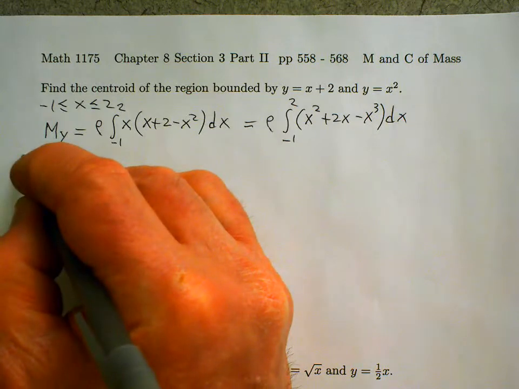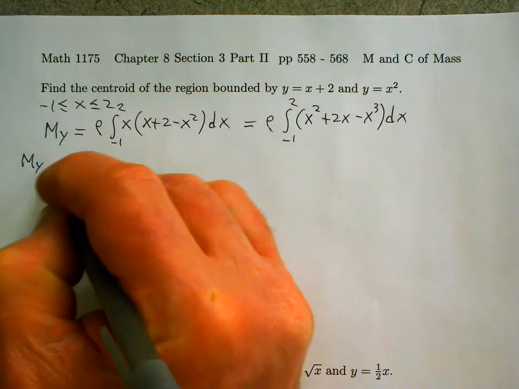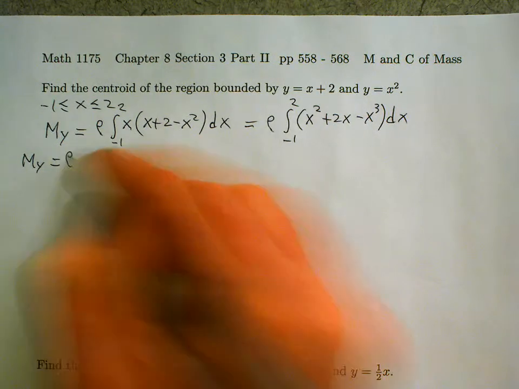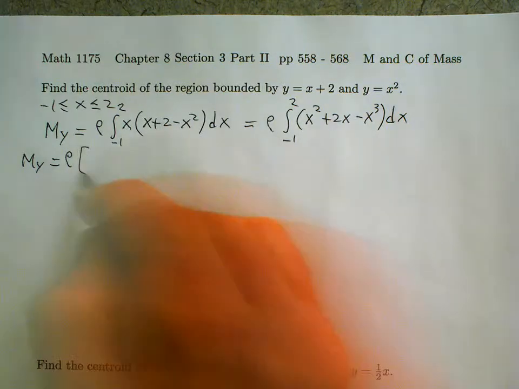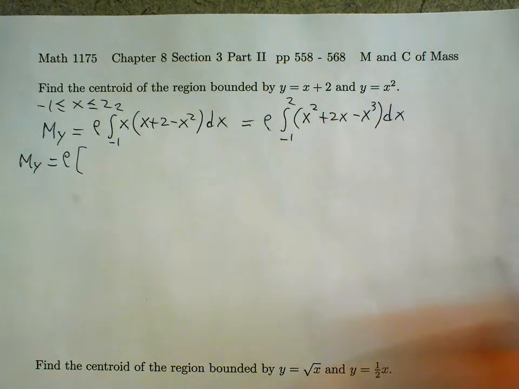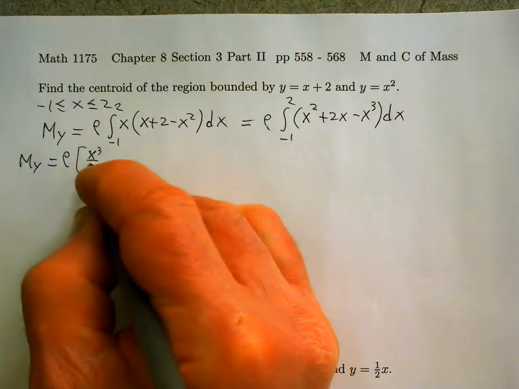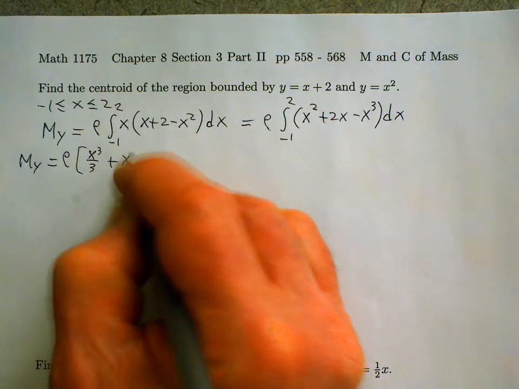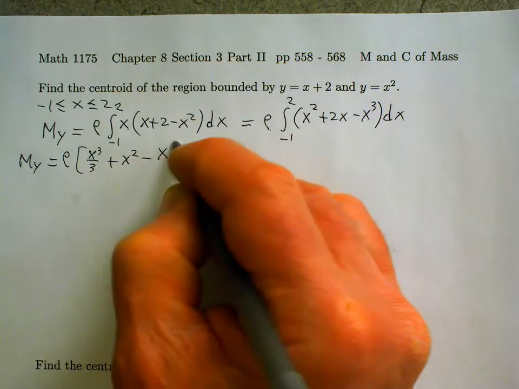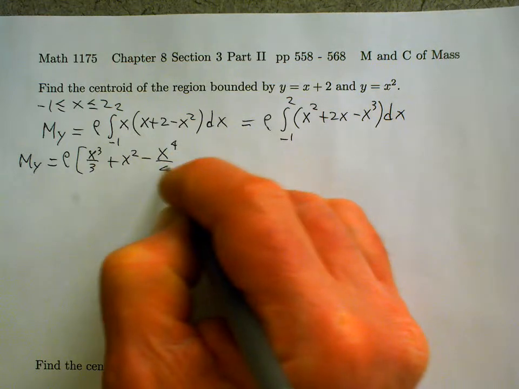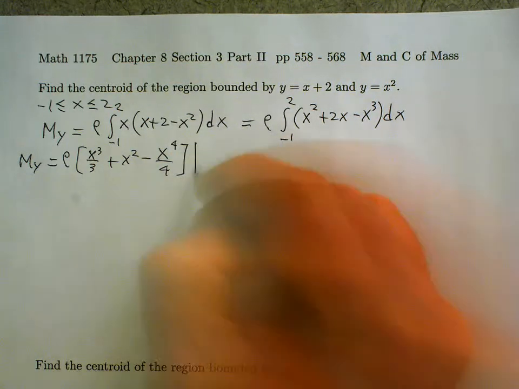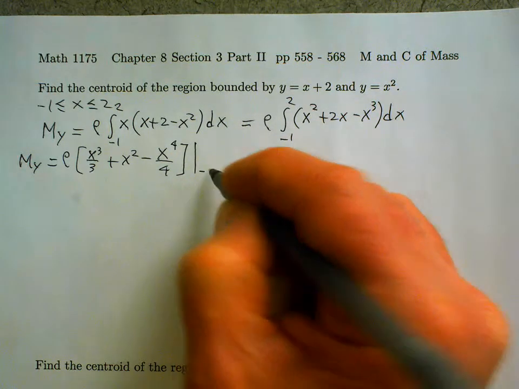This is not too hard to evaluate, so we'll go ahead and get that done. So an antiderivative is x to the third over 3 plus x squared minus x to the fourth over 4, evaluated between -1 and 2.